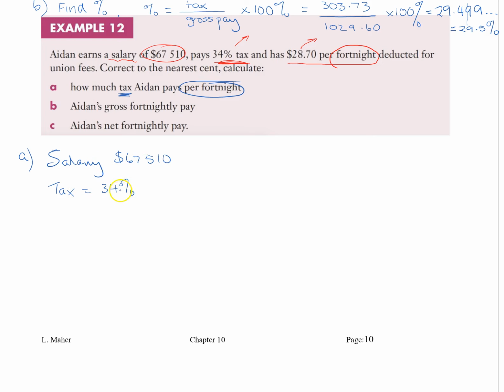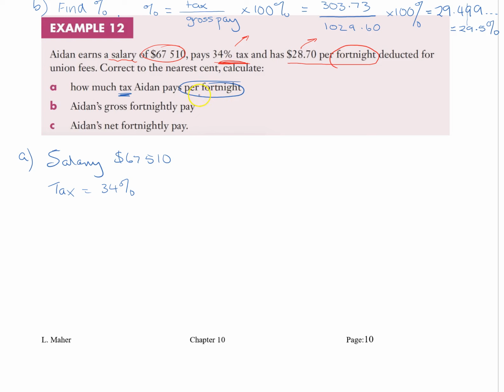If we want to work out weekly tax, we've got to work out 34% of his weekly gross wage. If we're working out his fortnightly tax, then we work out 34% times his fortnightly gross wage. So that's the one we actually want.